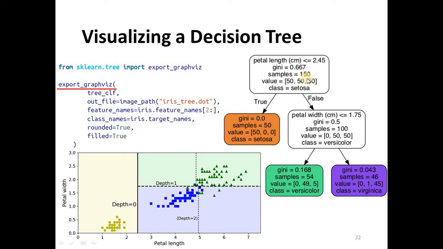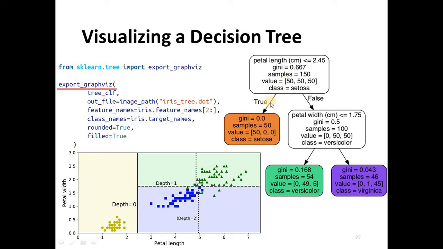Now the algorithm has decided that it's best to make the first decision based on the petal length feature. This is the petal length feature. And the decision is if it is less than or equal to 2.45, then go to this region. This is the decision. And if it is false, then go to this region.